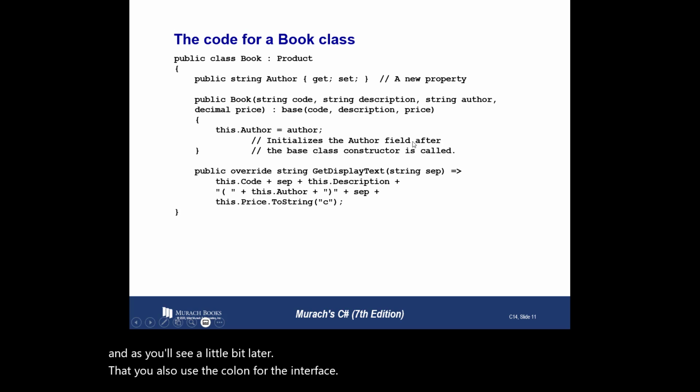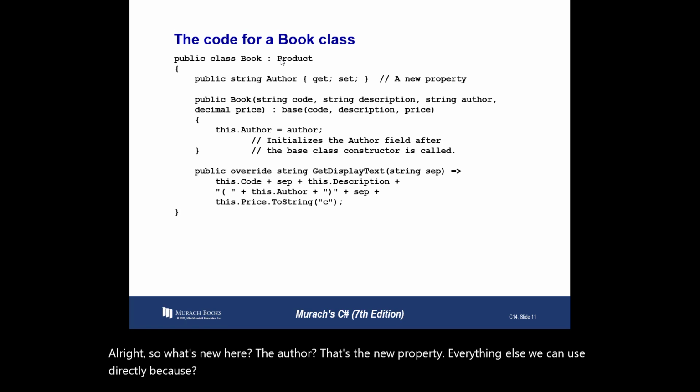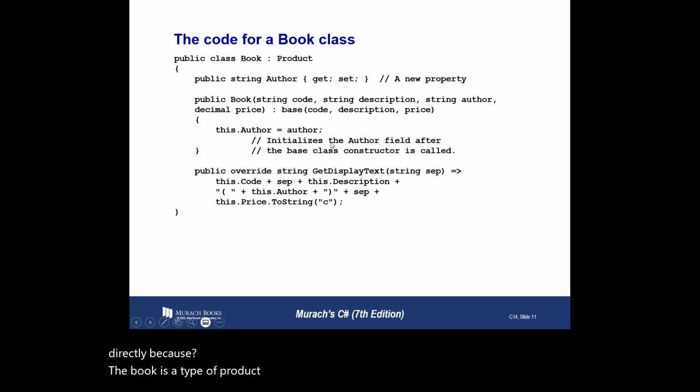All right, so what's new here? Well, the author. That's the new property. Everything else we can use directly because book is a type of product. So notice on here, when we create the constructor, code, description, author, and price.